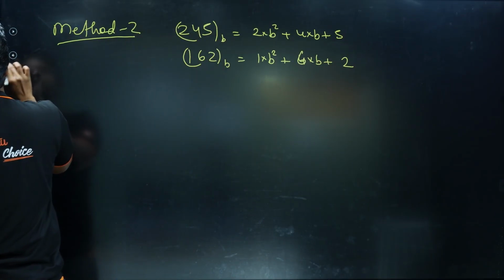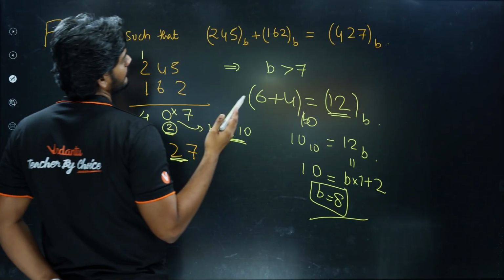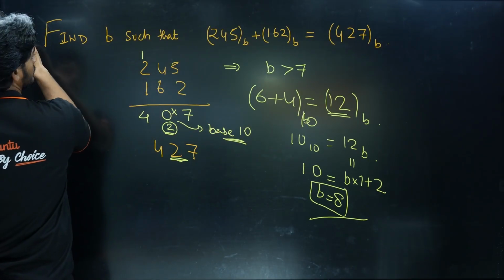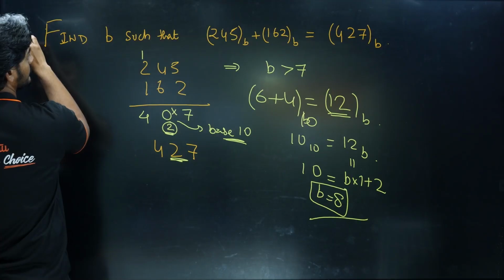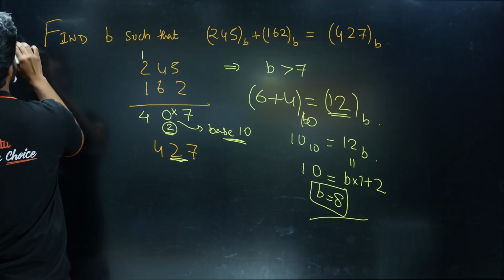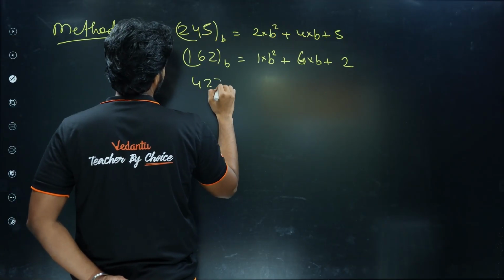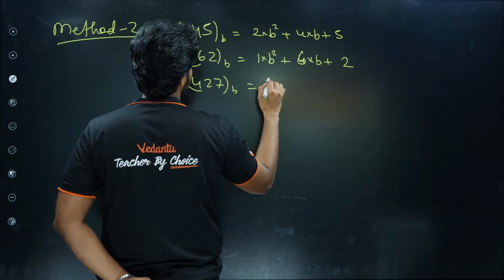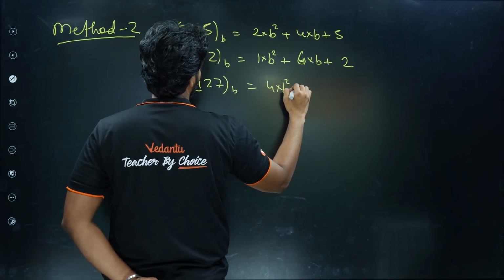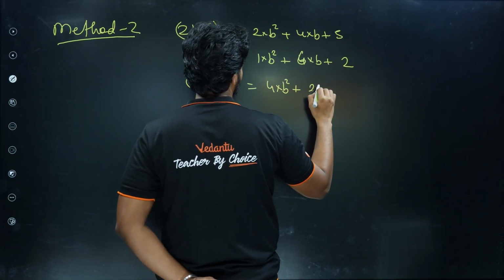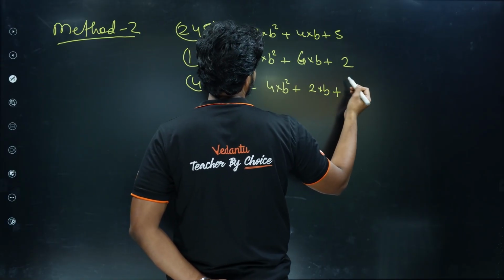And 427 base b is 4 into b square plus 2 into b plus 7.